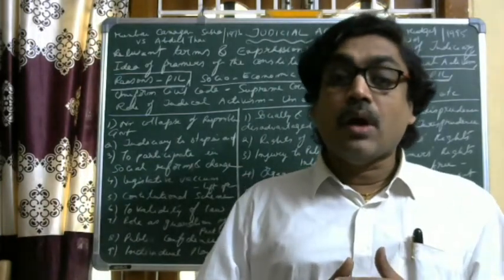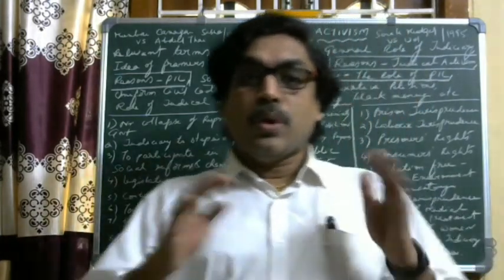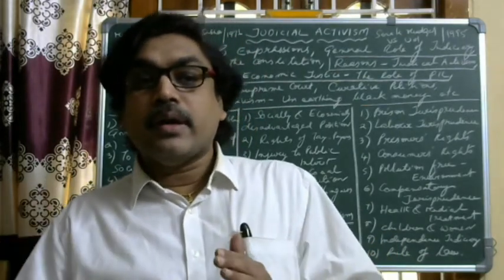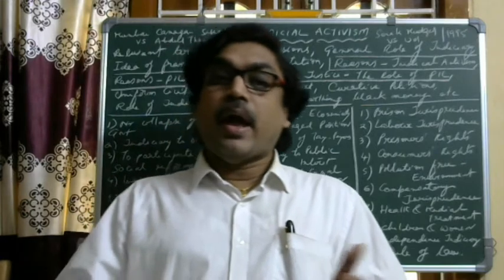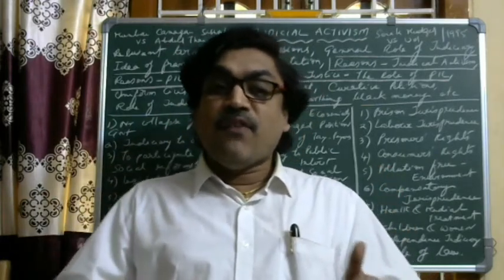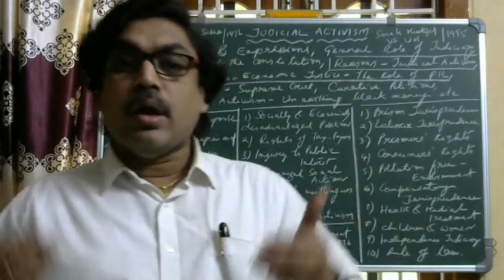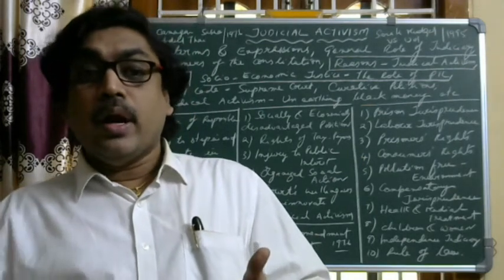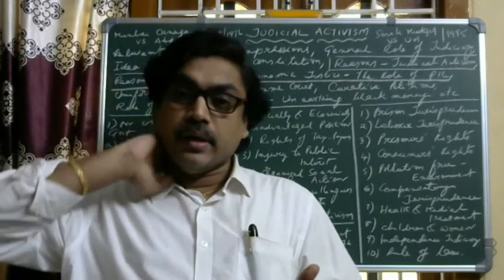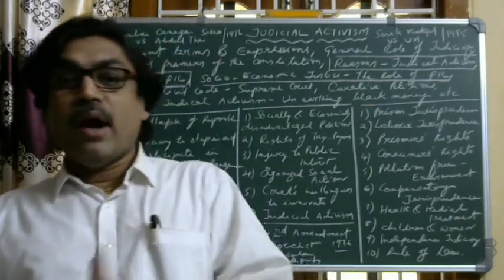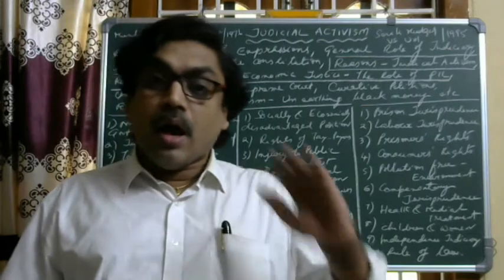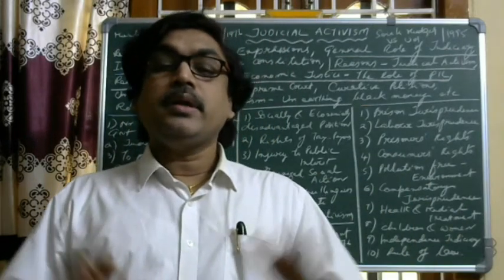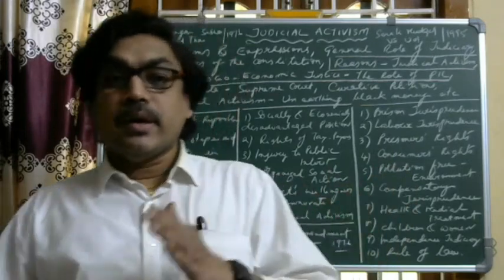So, what is the difference between a writ petition and a public interest litigation? If the affected person himself files a writ petition before the judiciary under Article 226 or under Article 32, it is known as a writ petition. If the same writ petition is filed in the interest of the larger public or in the interest of a group of people, it is called public interest litigation.